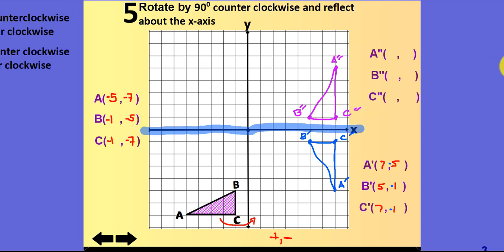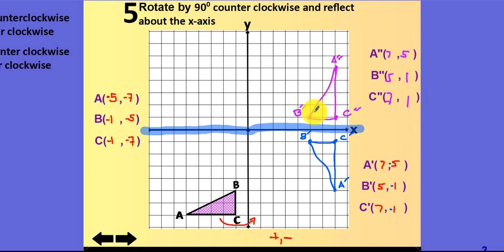Now, the shortcut, if you remember the shortcut: if we are reflecting across the x-axis, keep your x values, 7, 5, 7. But then for the y, you have to change the sign. That's -5, make it +5, -1, make it +1, -1, make it +1.